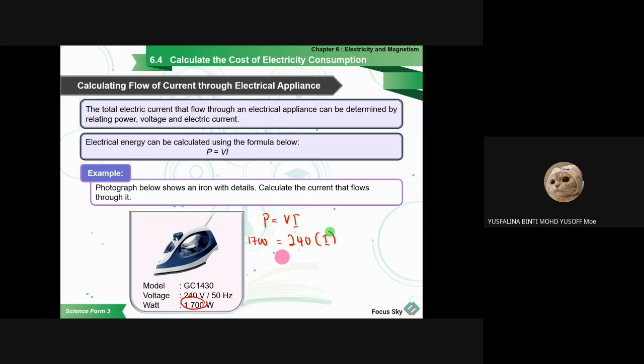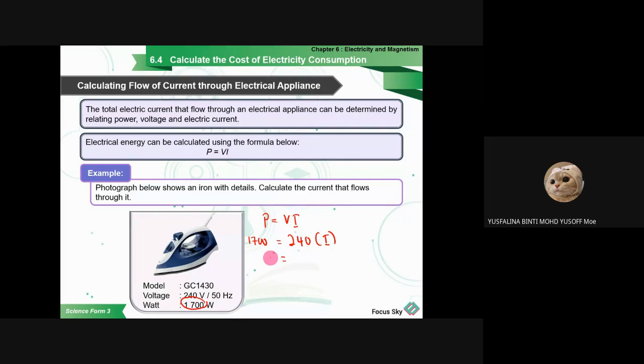Can you calculate the current here? What is the value of the current? 7.08.